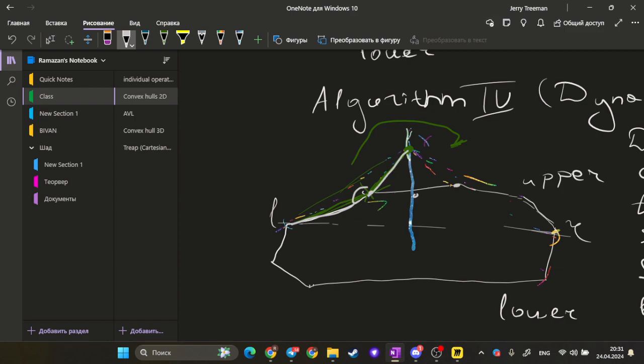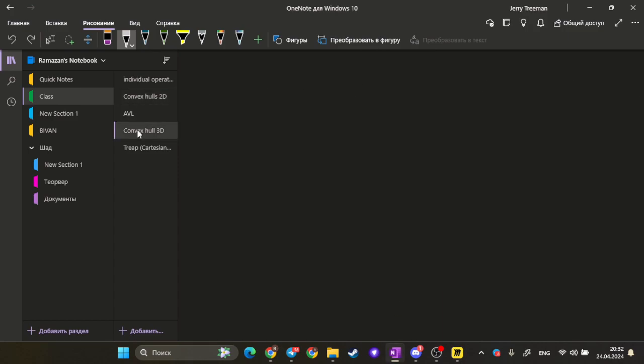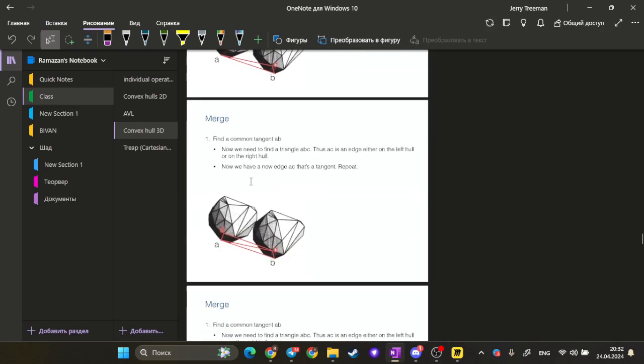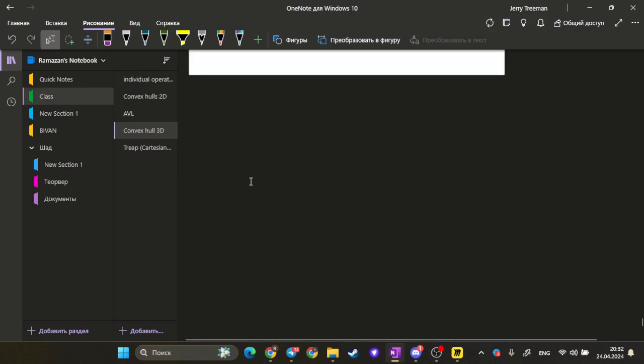If our two edges represent an inner angle, we delete this point from our convex hull, and so on, and so on. We need to do the same thing in 3D space. It's a complex topic.